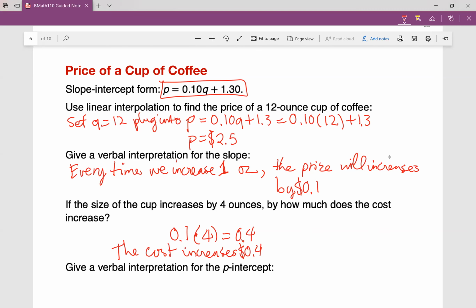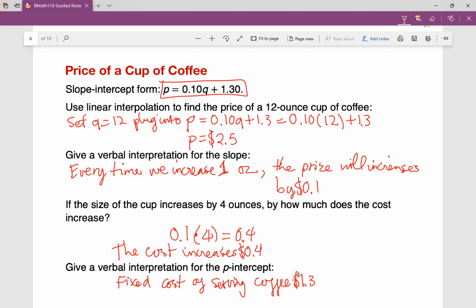And give a verbal interpretation for P itself. I'm going to say the fixed cost of serving coffee is $1.3.